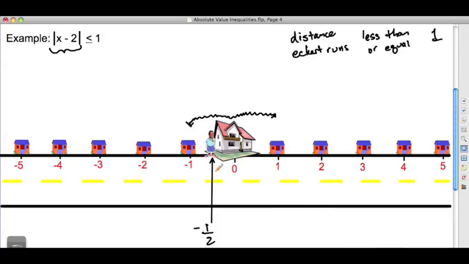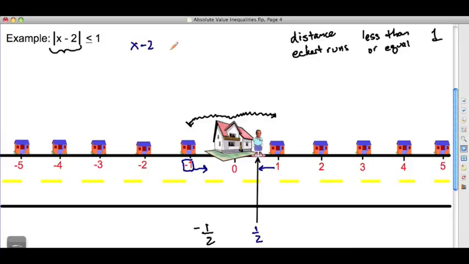Negative 1/2 is actually greater than negative 1. Negative 1/2 is a bigger number than negative 1 because it's closer to 0. And then look at positive 1/2. Positive 1/2 is actually less than positive 1.